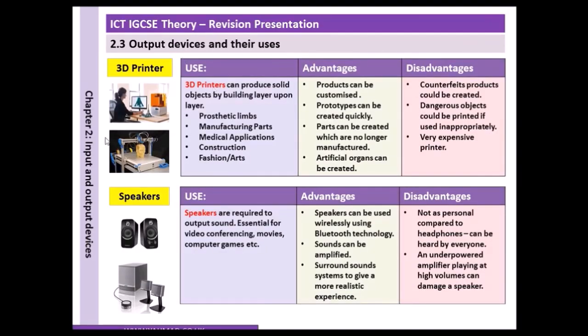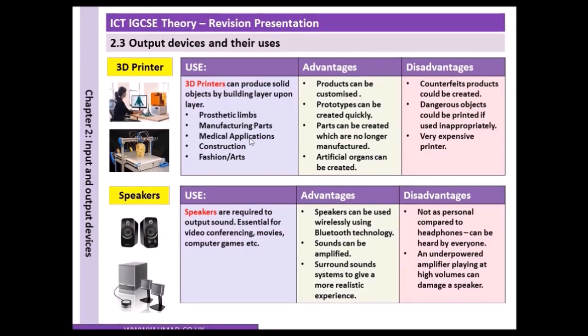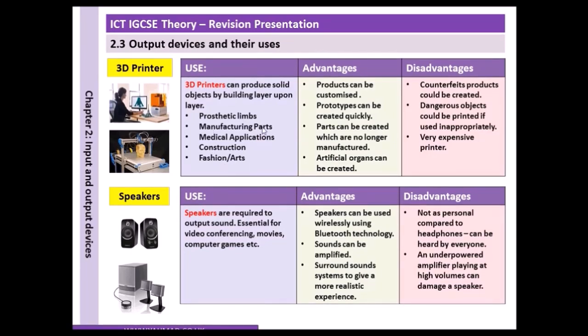So the final printer we're going to be looking at is a 3D printer. 3D printers can produce solid objects by building layer upon layer. So we can be using it for many different reasons, as you can see here. So manufacturing parts, prosthetic limbs, medical applications, construction, fashion and art.